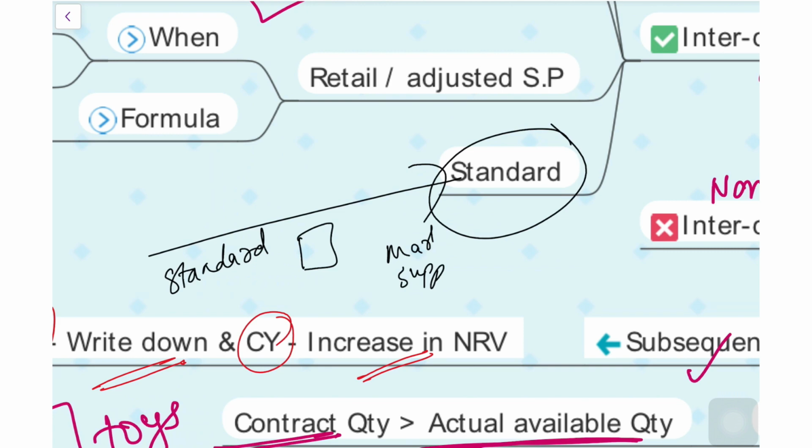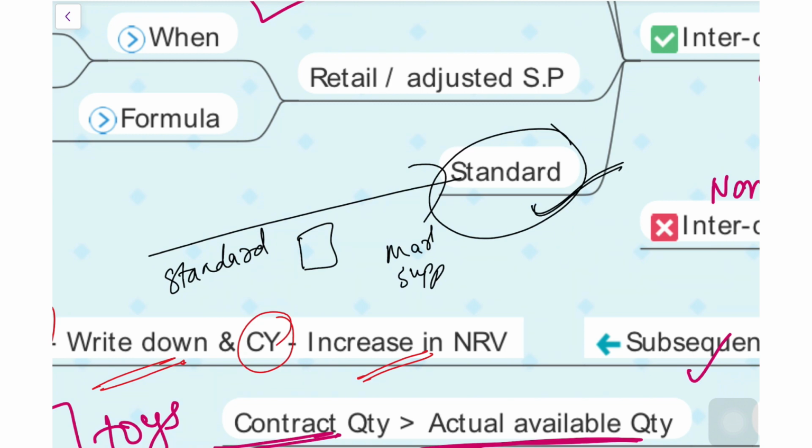All these factors come into play. When you have been in the industry for a very long time and you understand that the normal level of inventory is being produced, you can apply the standard cost itself and value it.